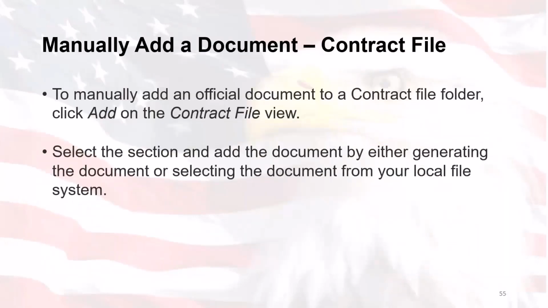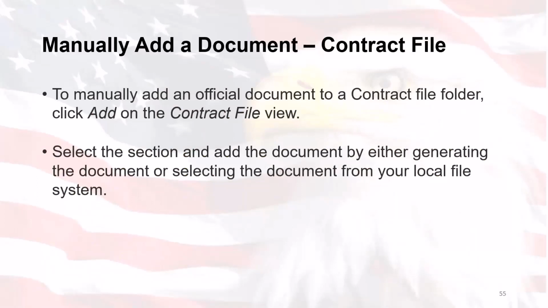You can manually add a document into contract file. So to manually add an official document to a contract file folder, click add on the contract file view. You can select the section and add the document by either generating the document or selecting the document from your local file system.